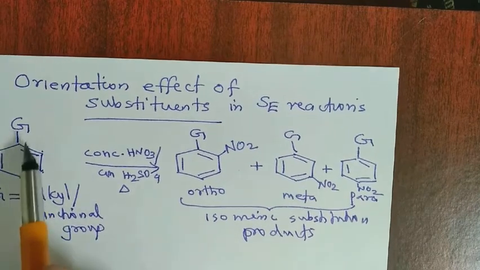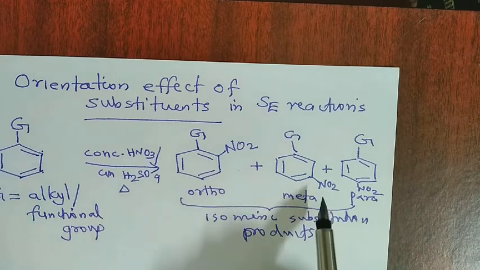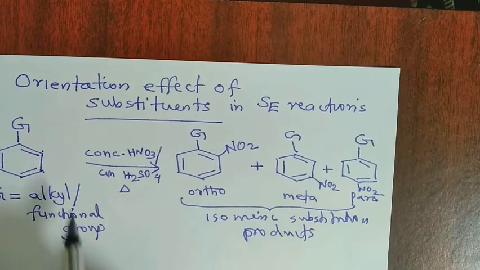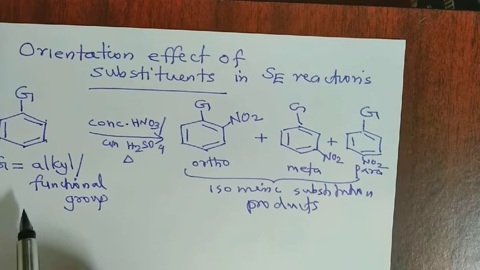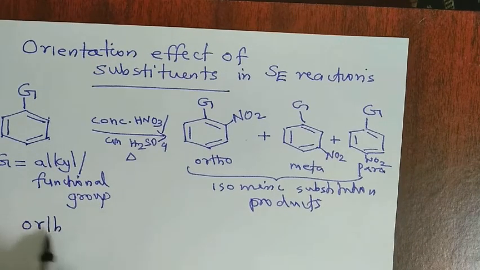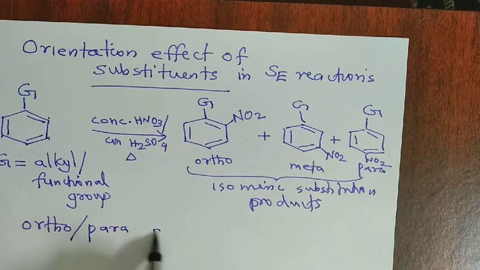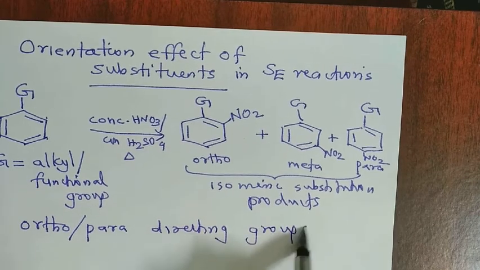And in the case of some other groups, only the meta substitution product is obtained. Accordingly, groups bonded to the benzene ring are classified into two types. First one, ortho-para directing groups.